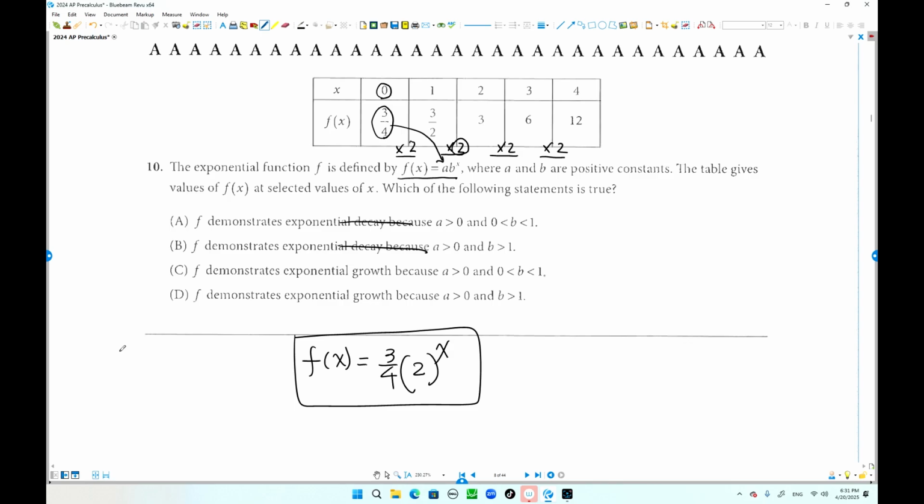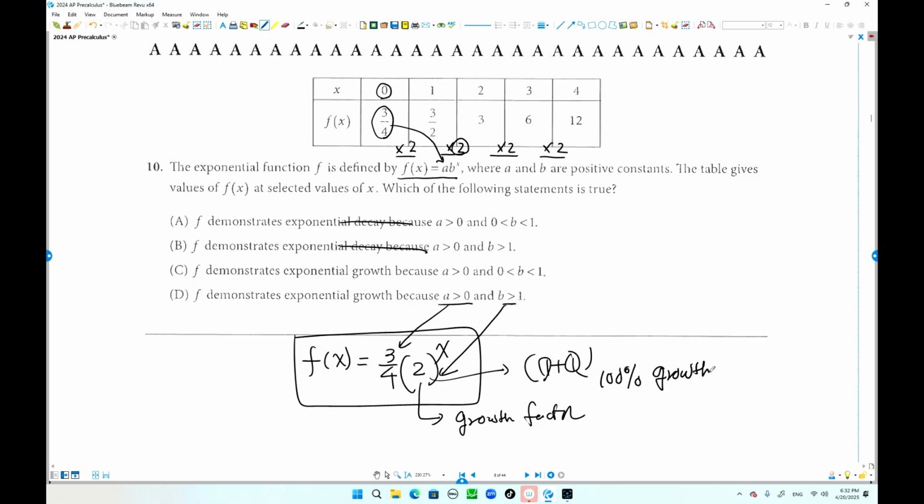There is growth: a is positive, b is greater than 1. That's why growth. So this number 2 is what we call the growth factor. The growth rate is what? Actually 2 equals 1 plus 1. From 1, increase 100%. So 100% is the growth rate, okay? Rate is always expressed as a percentage.